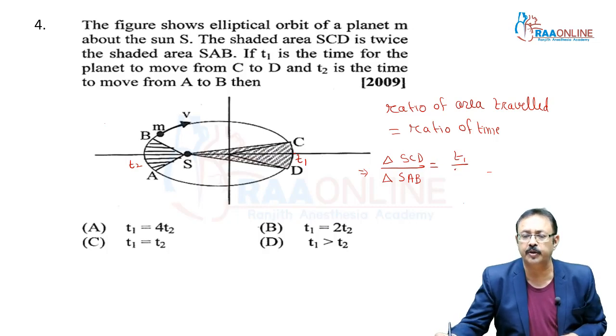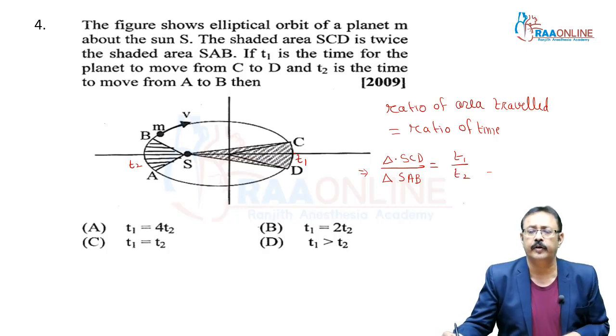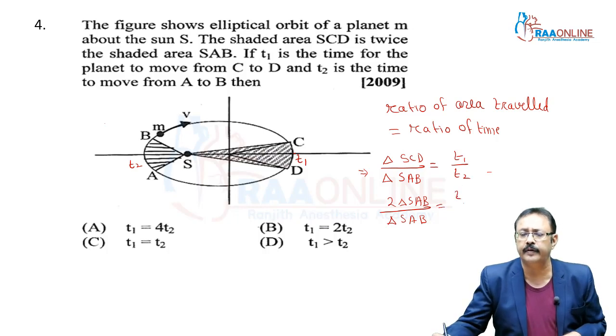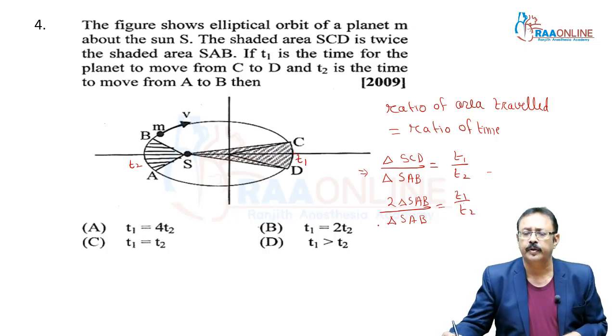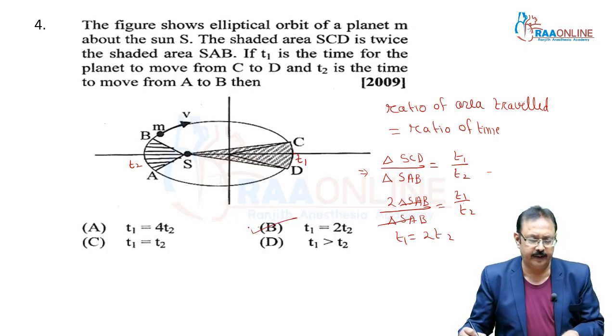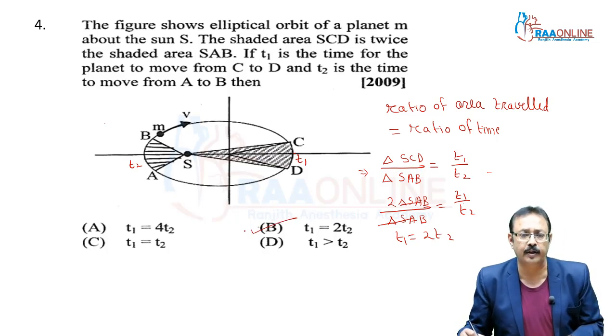This area is twice the area of SAB, divided by area of SAB. Cancel this with this. So we got T1 is equal to 2T2. So we are going with option B. Kepler's second law.